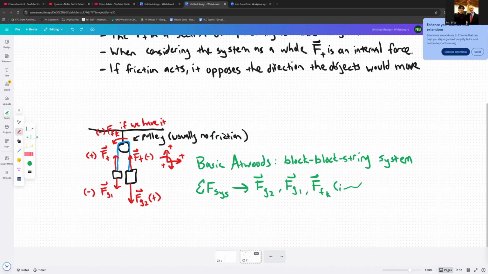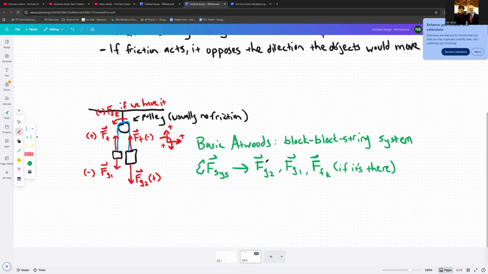Depends. A few problems will have friction in it, but for the most part, you won't really encounter that hardly at all. So don't expect a ton of friction in your problems. All right, so friction if it's there.